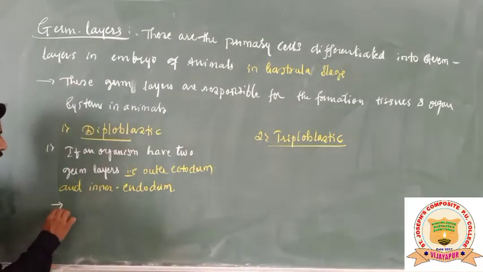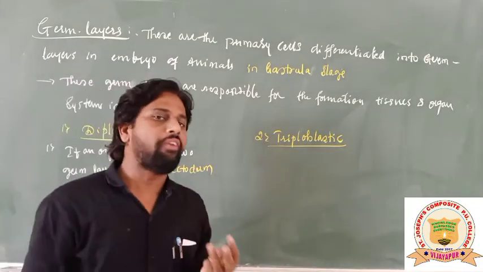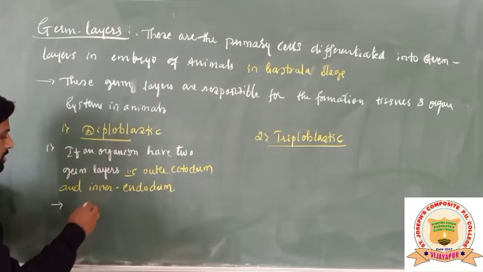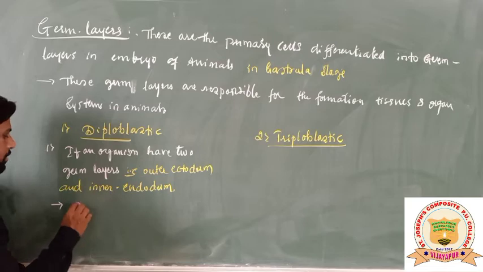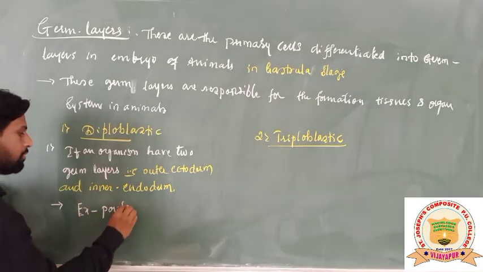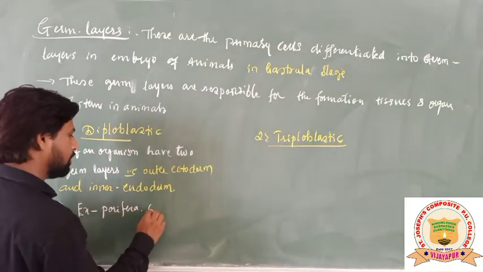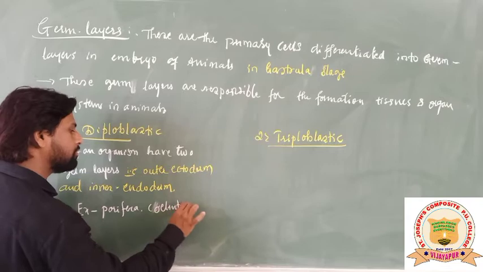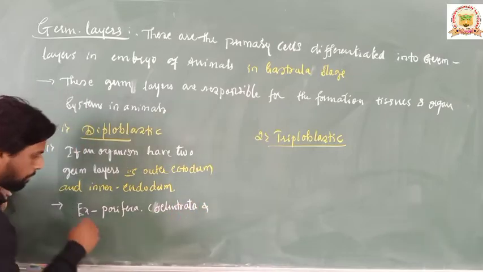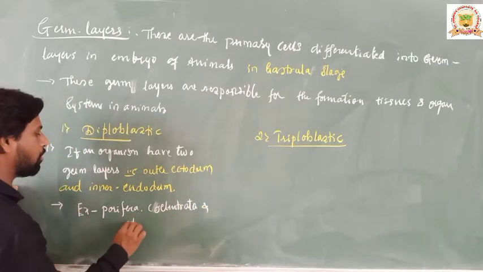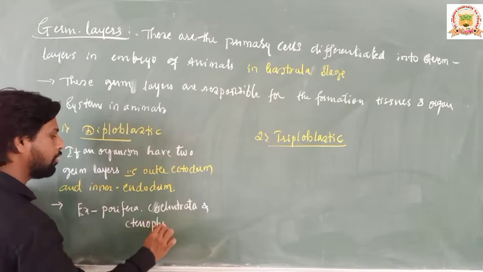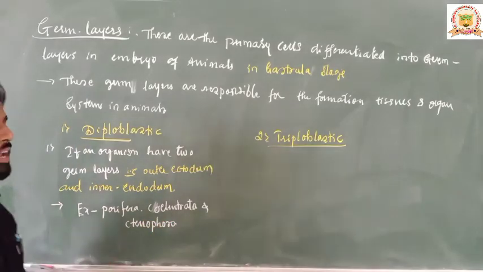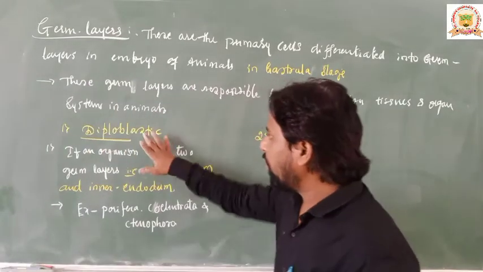So diploblastic animals are the first three phyla we are going to discuss in future, for example Porifera, Coelenterata, and Ctenophora.